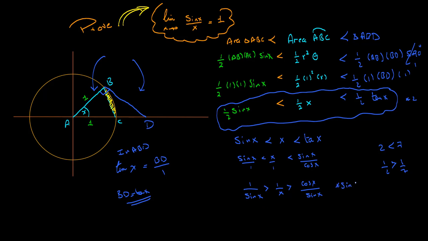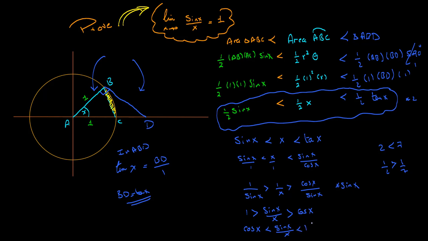So 1 is greater than sine x over x, which is greater than cosine x, because sine x cancels with sine x. Let's write it from left to right: cosine x is smaller than sine x over x, which is smaller than 1.